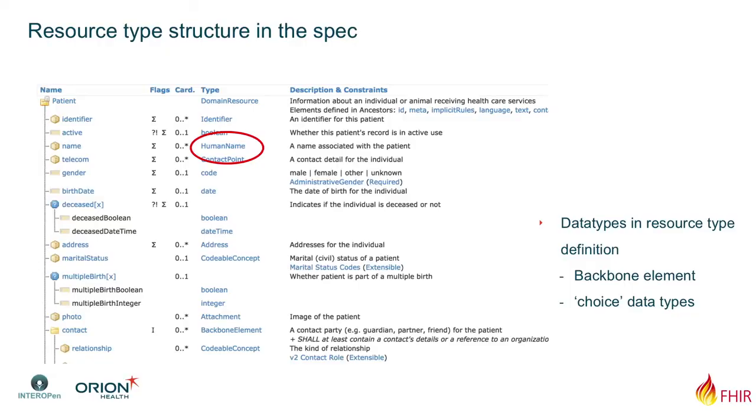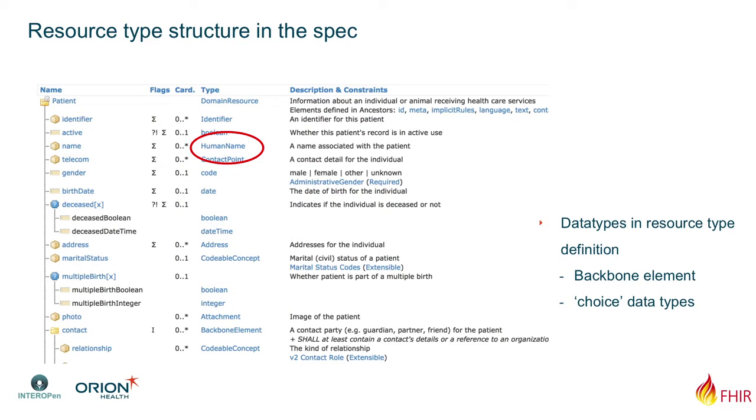This is what the resource looks like in the specification. You'll see, and I've used the patient as the example there. Down here are the list of the standard properties inside that resource. So a patient has got an identifier, it's got a name, telecom, that's your telephone number, fax, email, that kind of stuff, birth date, and so on and so forth.